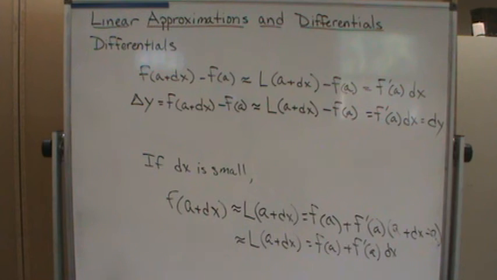So therefore, we can use the differential dy equals f prime of a dx to approximate the change in y, if x increases from x equals a to x equals a plus delta x.